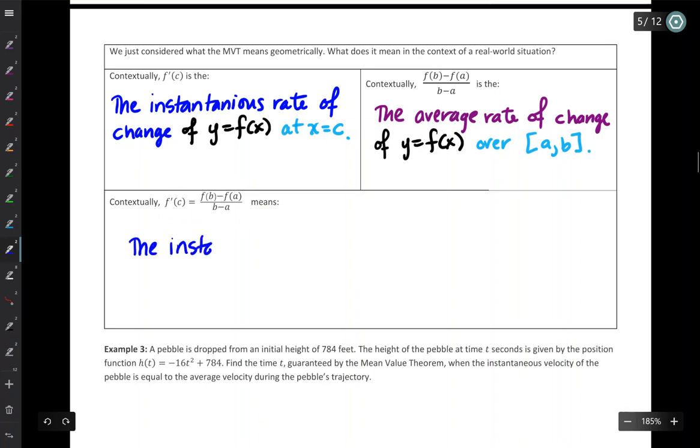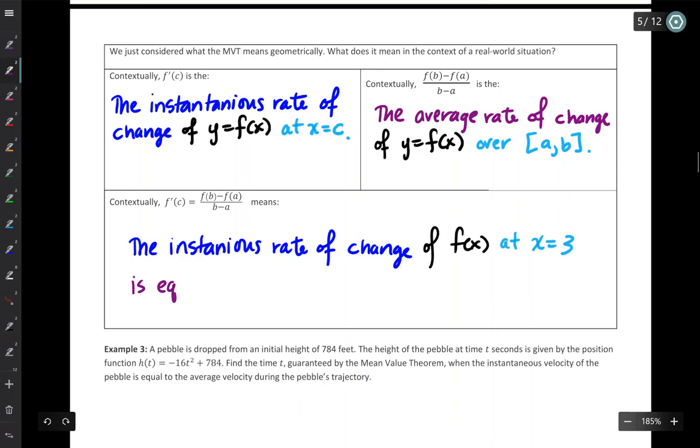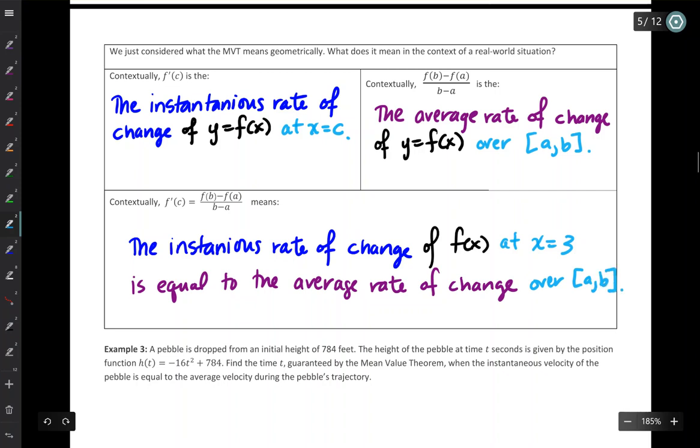The instantaneous rate of change is equal to the average rate of change on AB. All right, and that should make sense.